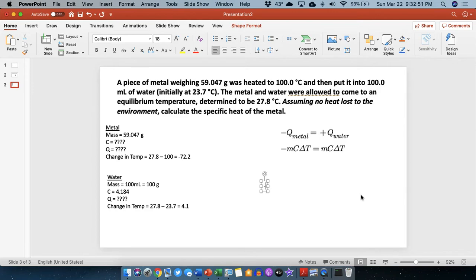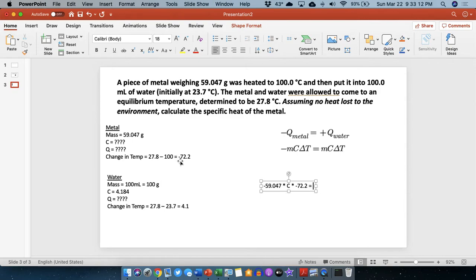What was the mass of the metal? Oh yeah, that's right, 59.047. I'm going to multiply that by the C of the metal. I don't know that. And then I'm going to multiply it by the change in temperature of the metal, which is also a negative. It's negative 72.2.